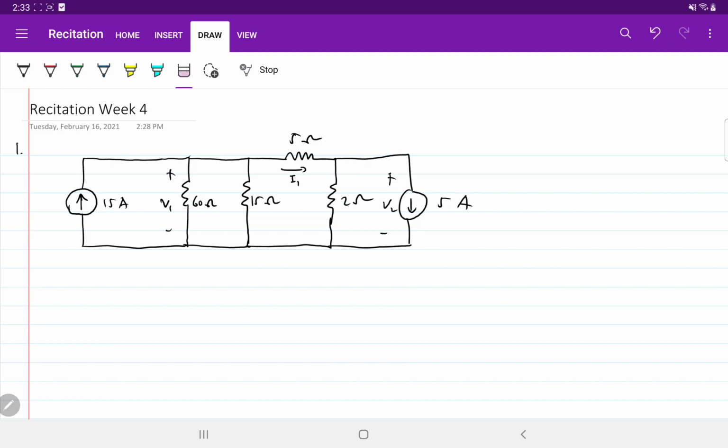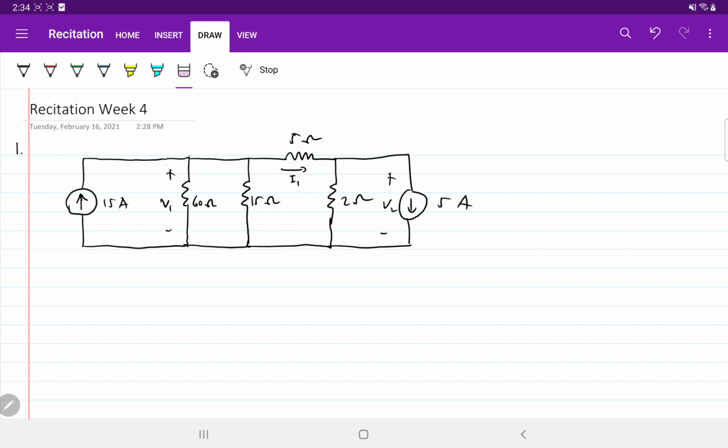Alright, right now I have the first problem, and as you can see we have a quite difficult circuit here. We have two current sources and four resistors, and if you notice, I have written these voltages V1, V2, and the current I1.